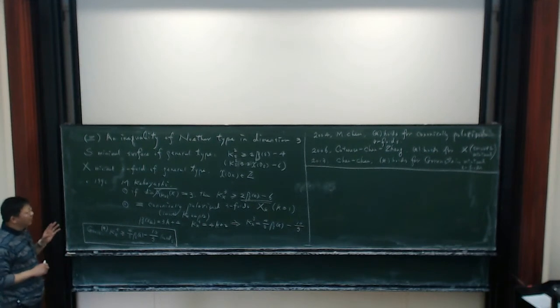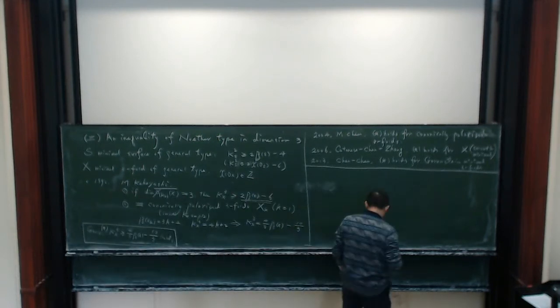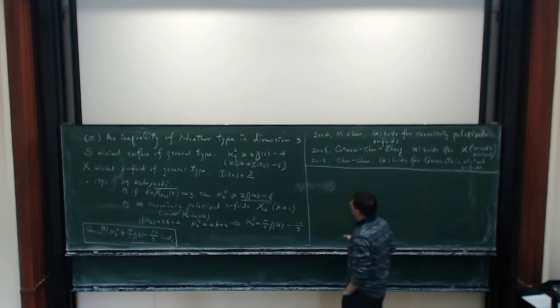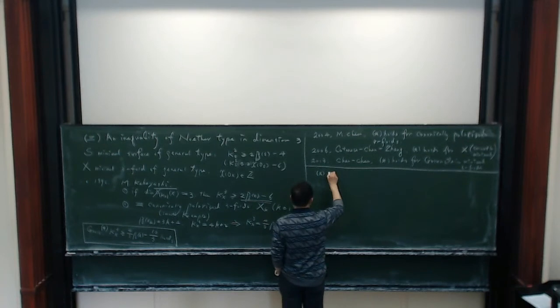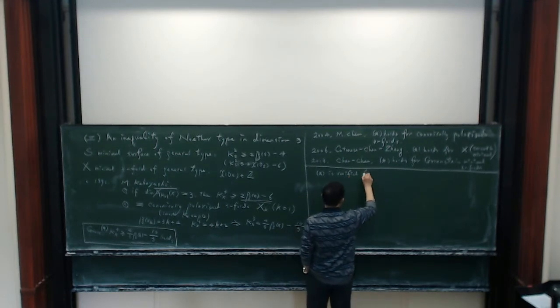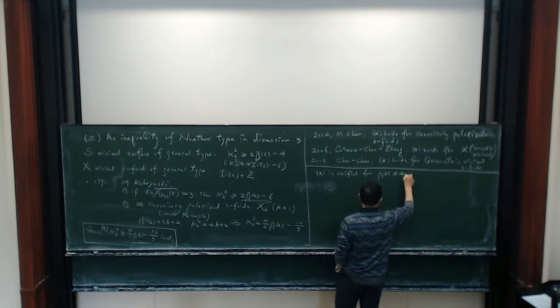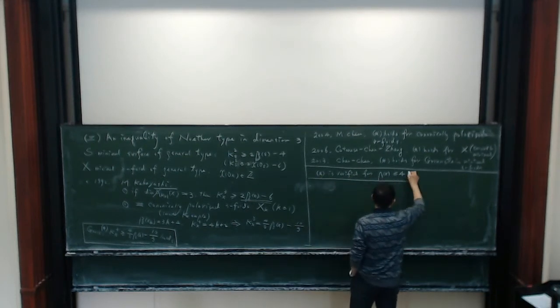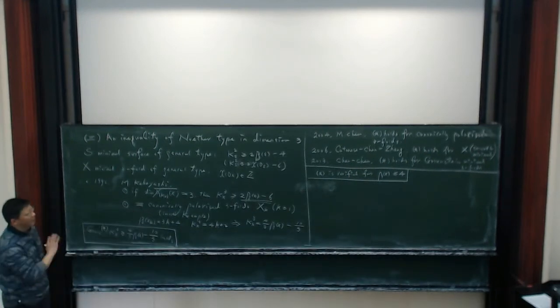It has a genus 1-2 surface fibration onto P^1. So first, I should say that this is verified for p_g. So I think this is a special case. It's contained in my previous papers, so I omit this.